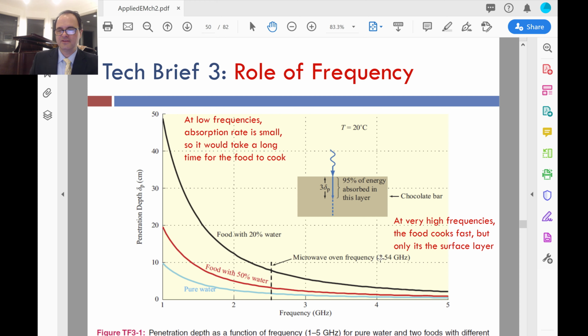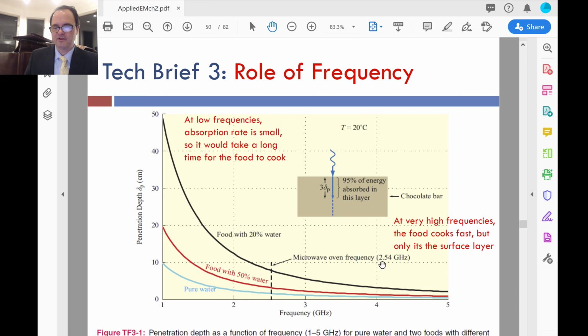And so the frequency at which this occurs is when the molecules of water within the food are excited. And when they're excited, they are moving around faster. And that is heat. The thermal motion of molecules is what is heat in the material.